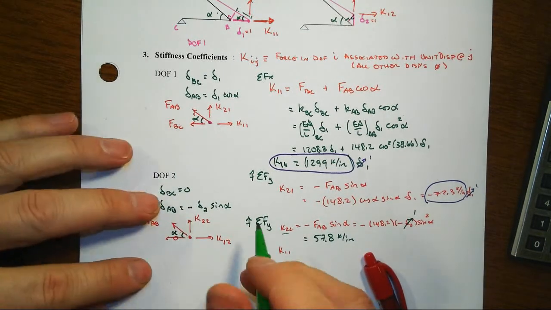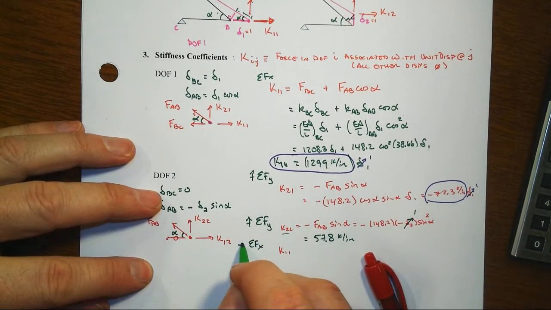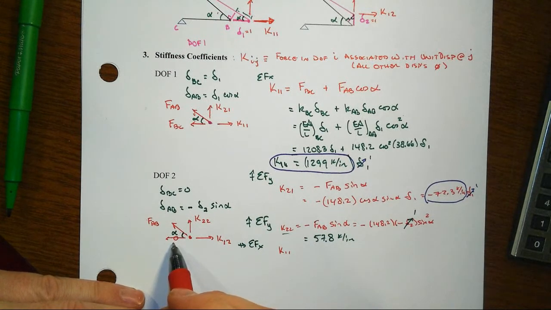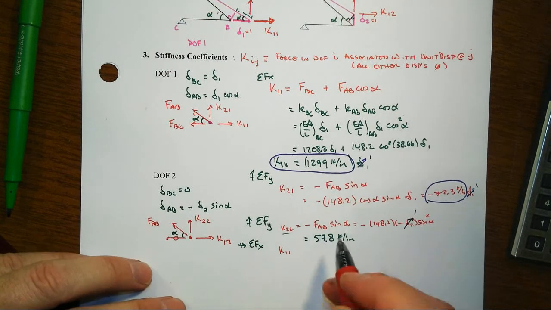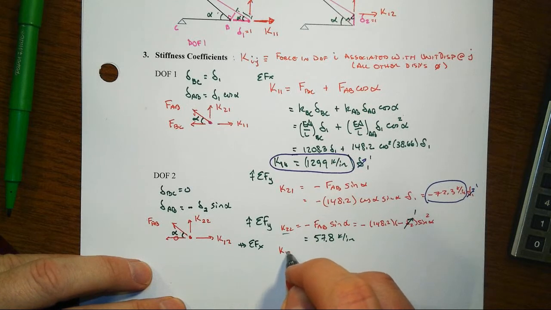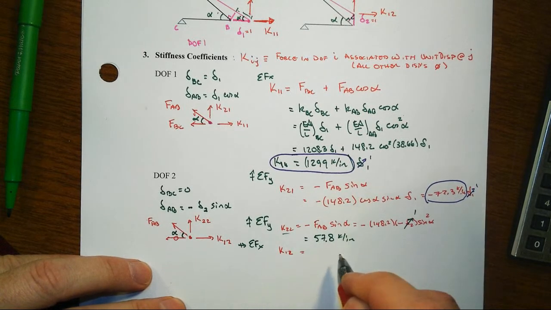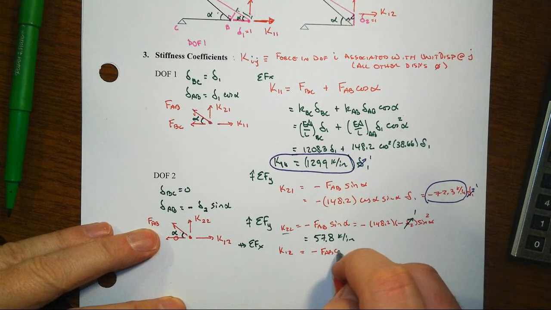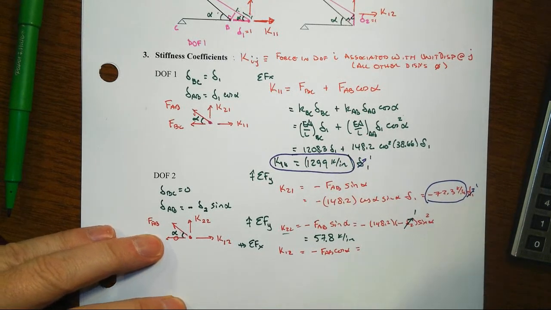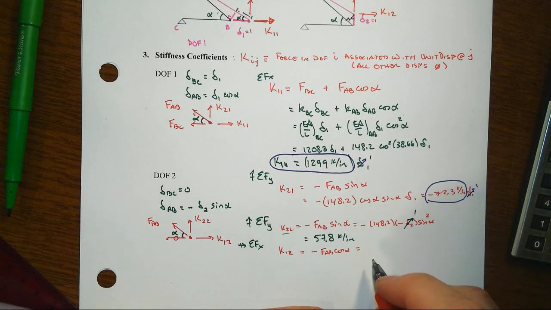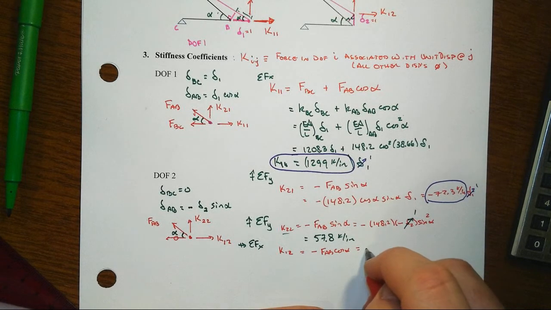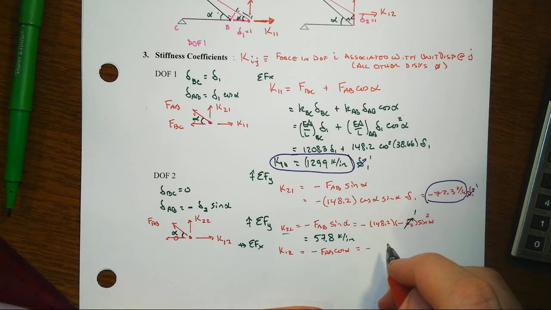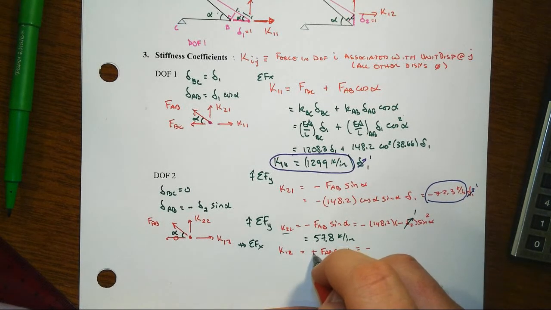we will sum forces in the X, and we'll see again, because AB doesn't elongate, it's 0, so we only have K1, sorry, not K11, but K12 is going to be equal to the opposite of FAB times cosine alpha, and that will be then minus, oops, sorry, there's not a minus there.